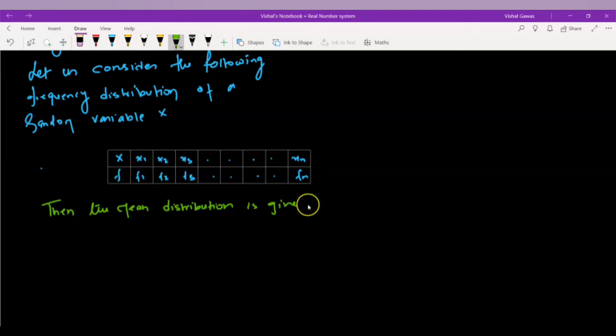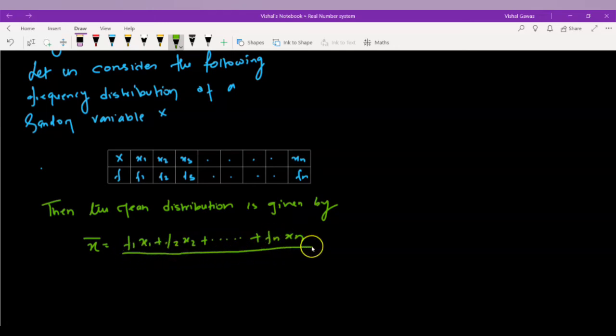The mean is denoted by x bar, and it's given by f1 x1 plus f2 x2 plus so on up to fn xn, and then you divide that by n, which is nothing but f1 by n x1 plus f2 by n x2 plus so on up till fn by n xn.